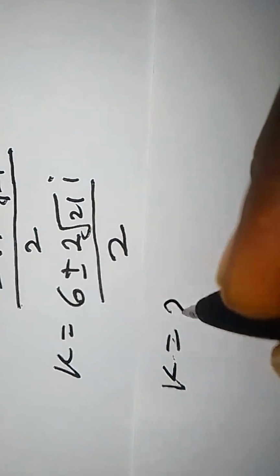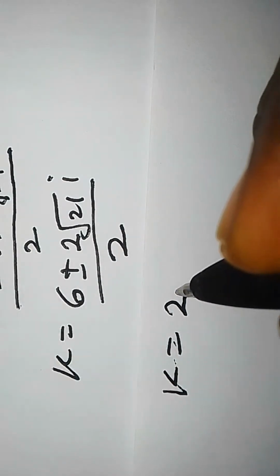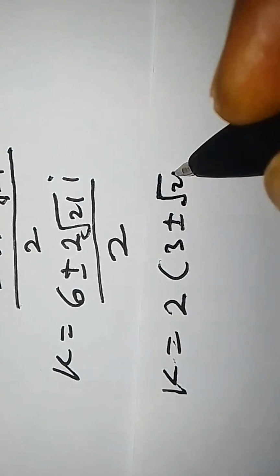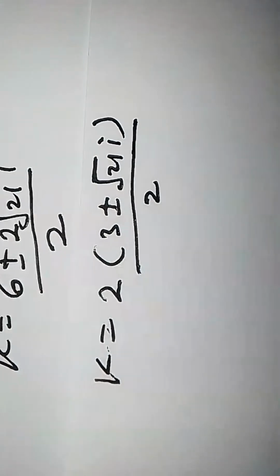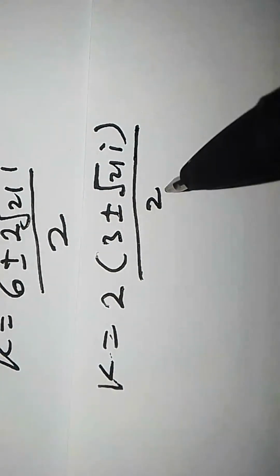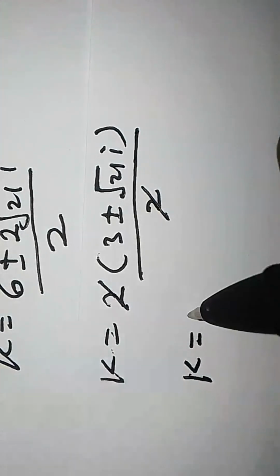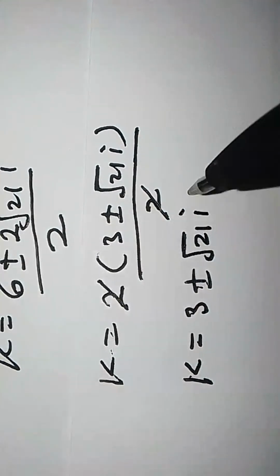Doing that, we simply have 2 times 3 plus or minus the square root of 21 i, divided by 2. Clearly, 2 cancels 2. We have k equal to 3 plus or minus the square root of 21 i.